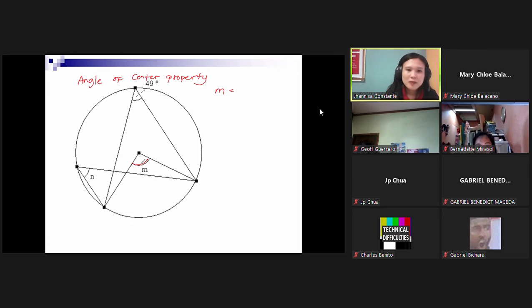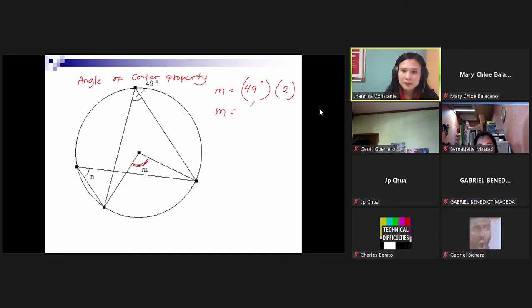This means that the measurement of the central angle is twice the measurement of your angle at the circumference. So if 49 degrees is the measurement of the angle in the circumference, twice that measurement is the measurement of our central angle.